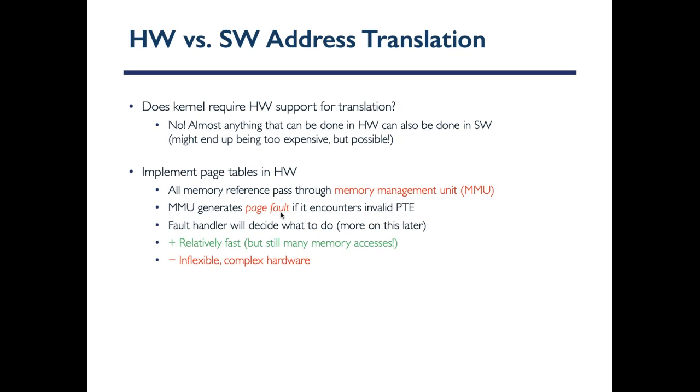Another example is, let's say the memory is full, so we have to evict a page. So what we do is that we make that page table entry invalid and copy the data back to the disk.